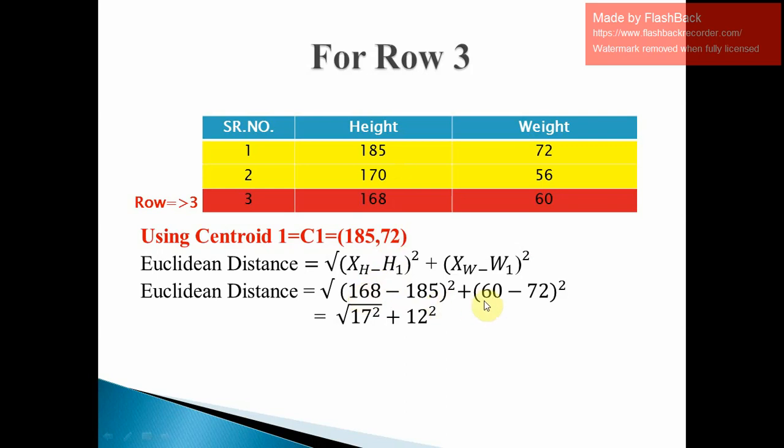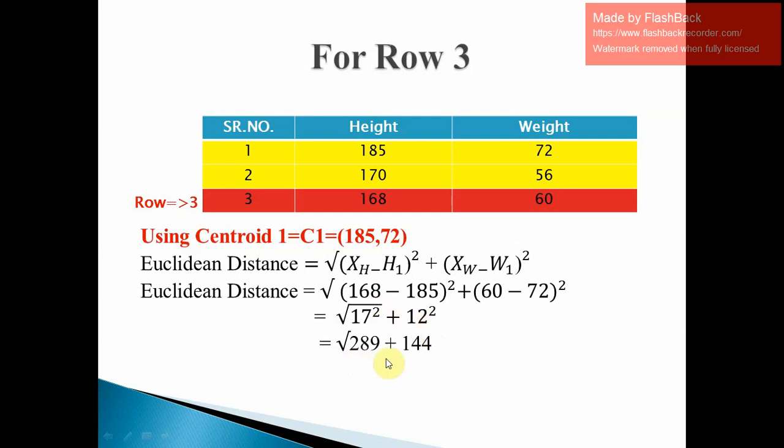So this is (168 minus 185) square plus (60 minus 72) square, where 60 is the observation value of weight and 72 is the centroid weight value. By calculating it will be 17 square plus 12 square.